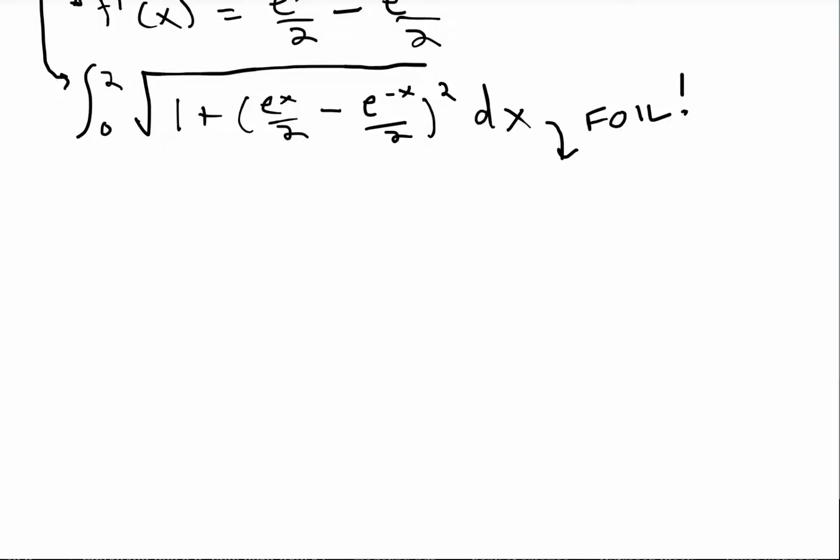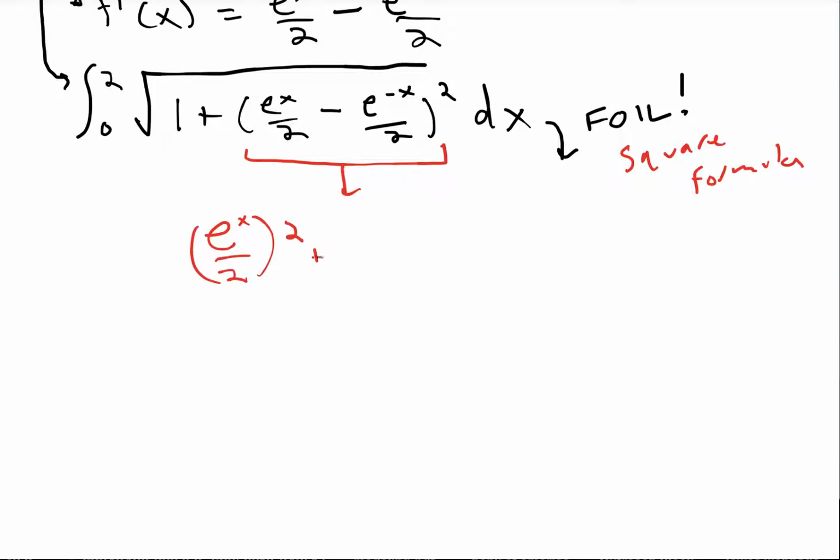There are some shortcuts for taking squares. Namely, and I'll do this in a slightly different color here. If I'm looking at just this piece, well, if I do my square formula, it'll save me a little bit of writing. My square formula says that you get to square the first bit. This is e to the x over 2 squared. Take 2 and multiply it by both of your terms.